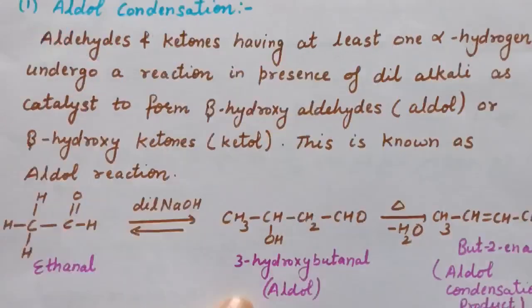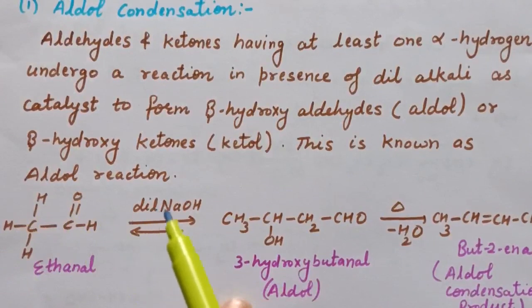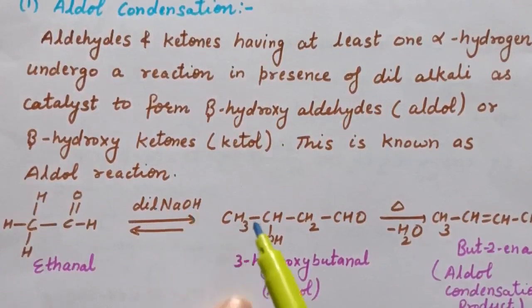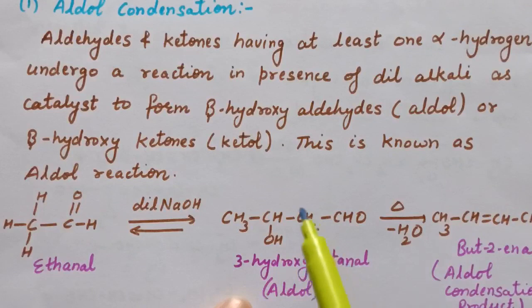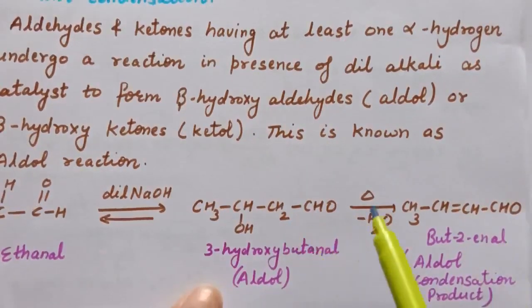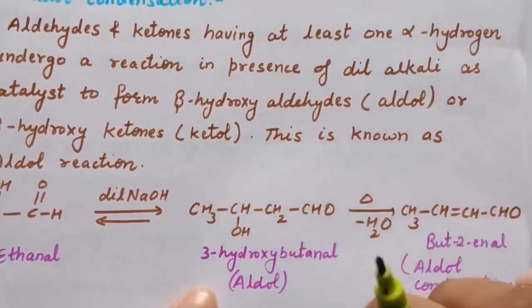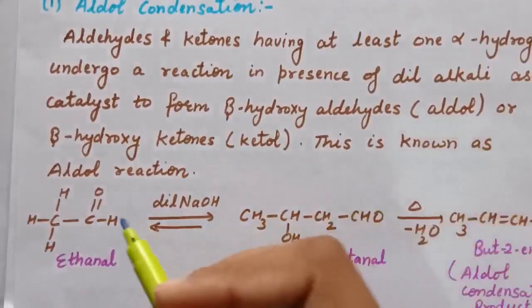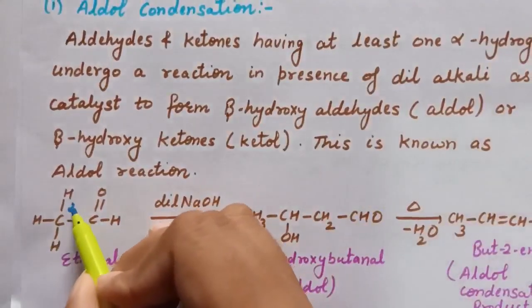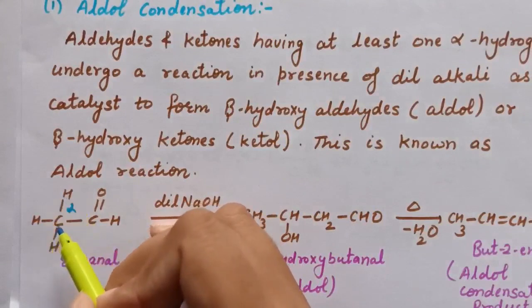Here is one example. Reaction of ethanol in presence of dilute NaOH results in the formation of 3-hydroxybutanol, that is aldol, and on heating this aldol, water molecule is lost, and here aldol condensation product is formed, that is but-2-enol. Now here in this case, this aldehyde is having 1 alpha carbon, and the hydrogen which are attached to this alpha carbon are alpha hydrogen.